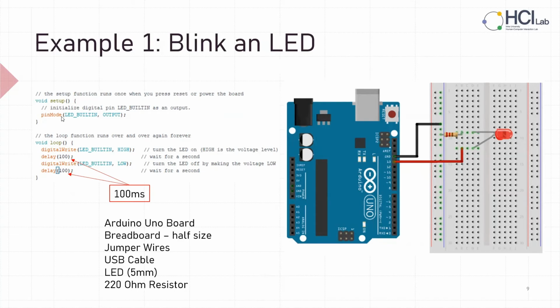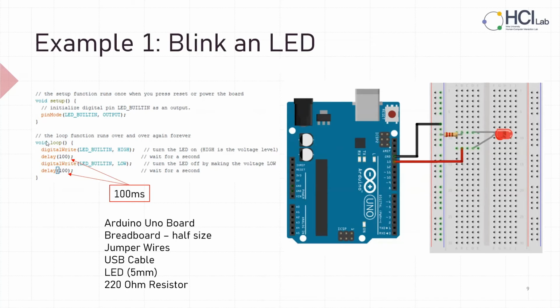So pinMode, LED_BUILTIN, OUTPUT. Here we can check that this is digital pin 13, and we connect it to our LED here. Then we connect our ground, our ground connected with the resistor and connected with the LED.